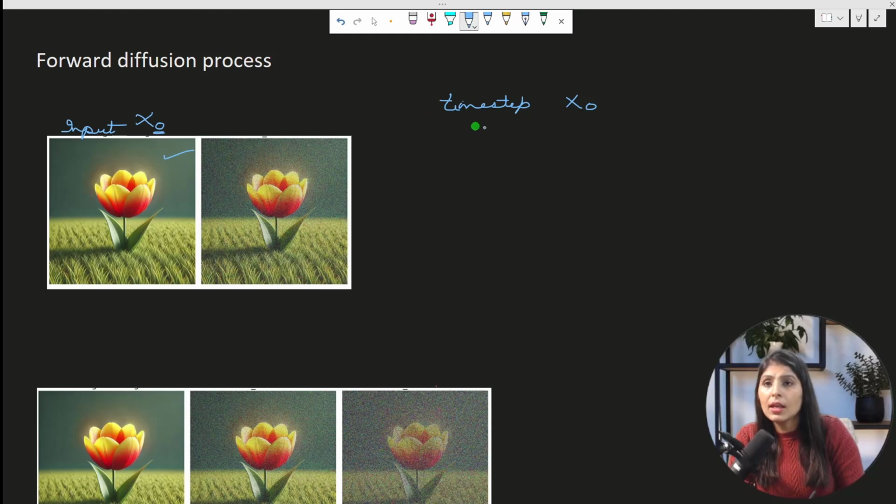And then at time step 1, we can say our image is this. So this 1 over here is the time step. At time step 1, this is the image we get, and here you can see we have a noisy image as compared to this one, which is the clean image. Here we added some noise to it.